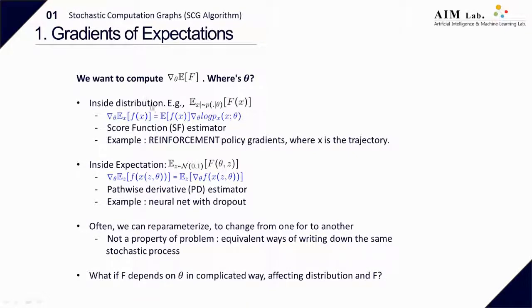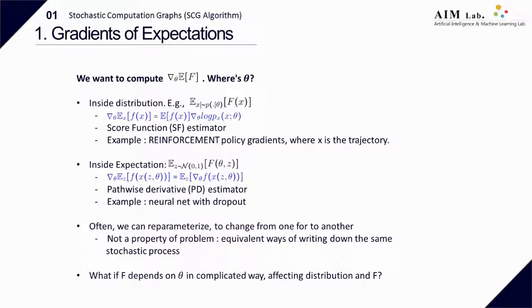If theta is in the distribution, like a parameterized distribution, the gradient estimator takes this form. It is the REINFORCE estimator in policy gradients, and x is the trajectory. It is called the score function estimator.